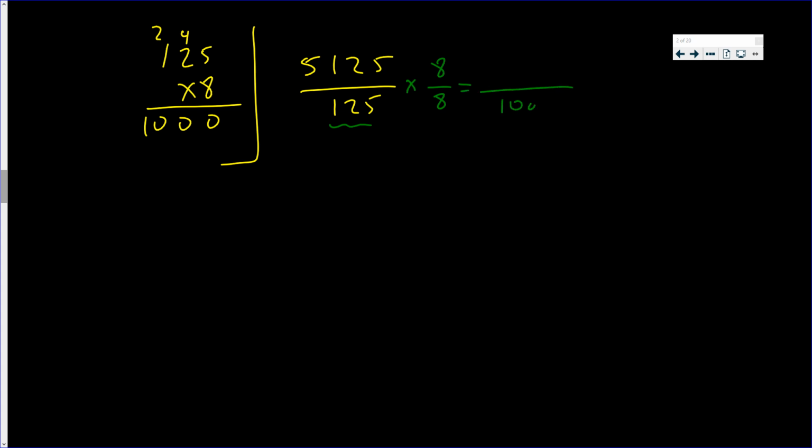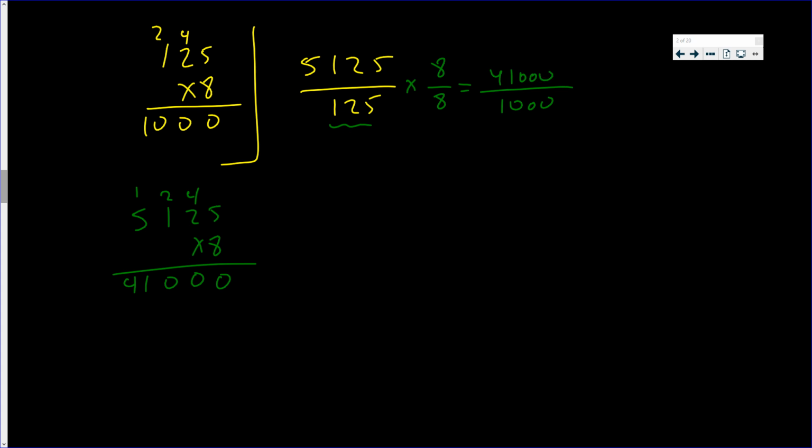Because I know the bottom is 1,000. So now the whole problem is just multiplying this by 8. And you should get 41,000.